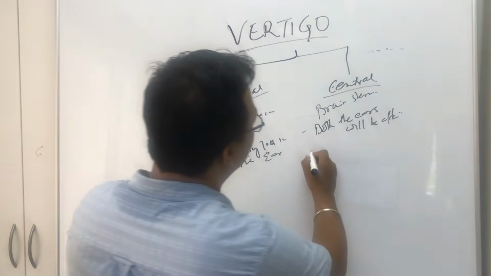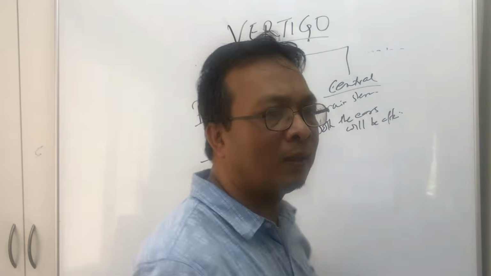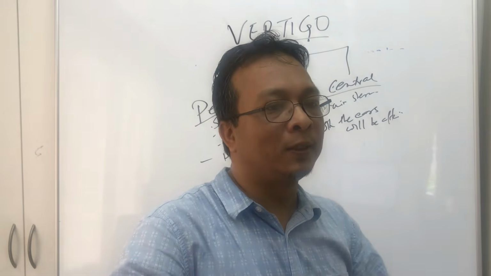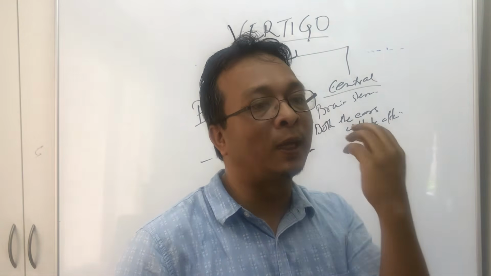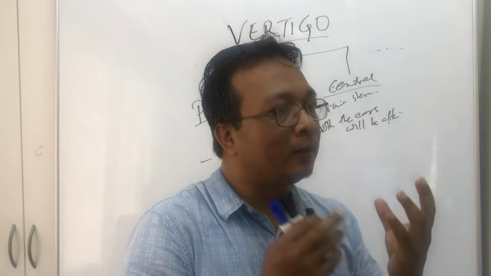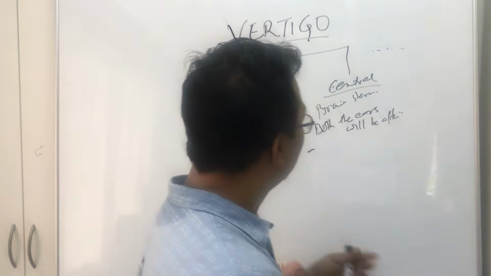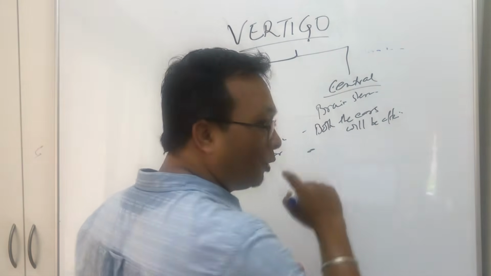In central vertigo, there is nystagmus. As I told you in one class long ago, what is nystagmus? It is a movement of the eyeballs which is not going according to the vestibulo-ocular reflex, an abnormal or pendular movement of the eyeballs.